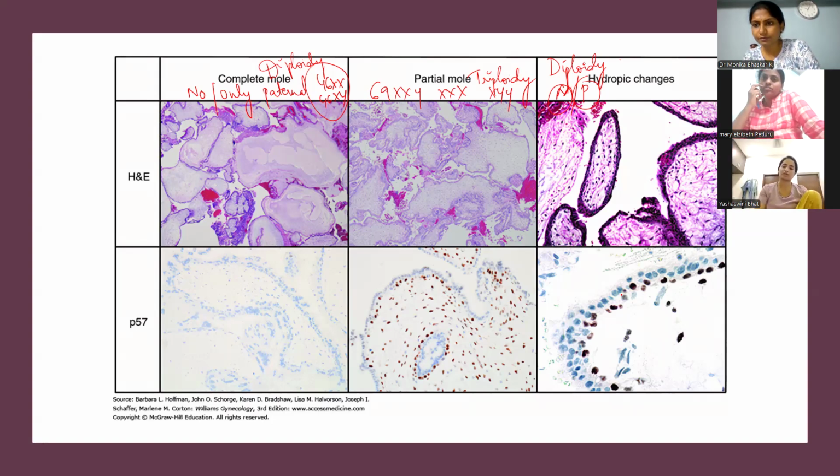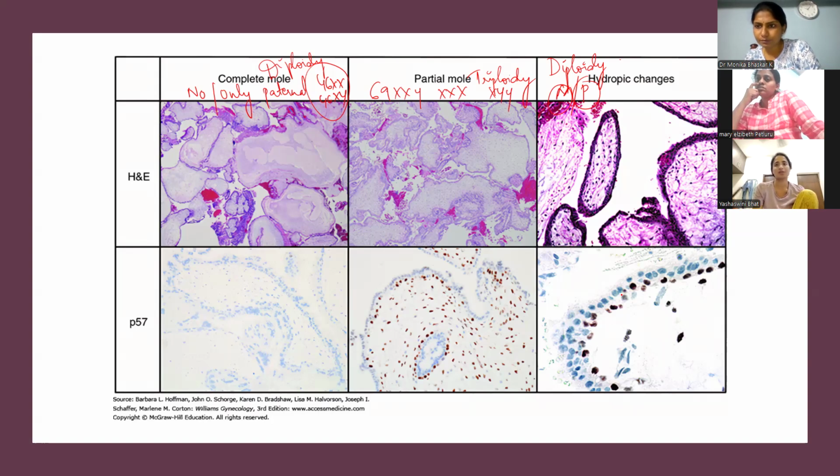Yes, ma'am. In complete mole, there is 46XX or 46XY. Along with that, P57 will be absent because there is no maternal component. But in partial mole, it is usually triploidy, where there is 69XXX or 69XXY or 69XYY.